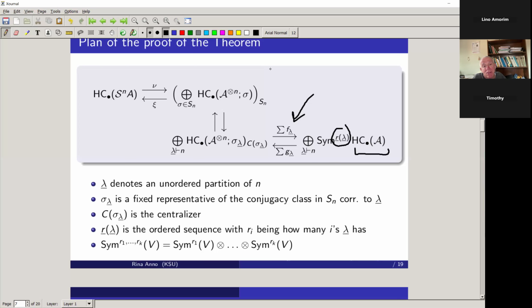I would be happy to see if you can handle this difference, because this difference is a difference between local systems and perverse sheaves. So yeah, that's kind of it.